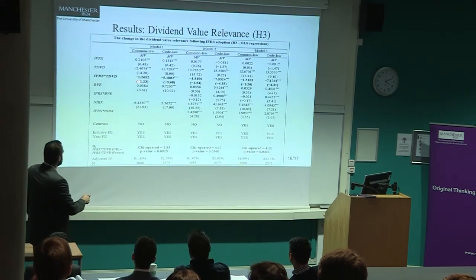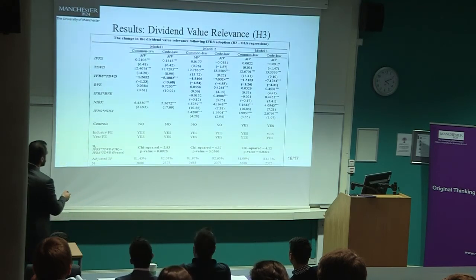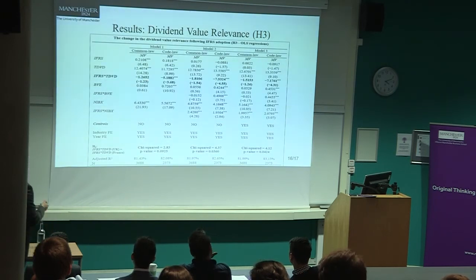In the first model, we simply test if the value relevance of dividends has decreased in the common law and code law samples. And we see that in the common law sample, there is a negative but insignificant change in the value relevance of dividends after IFRS adoption. However, for the code law sample, it's significantly negative.